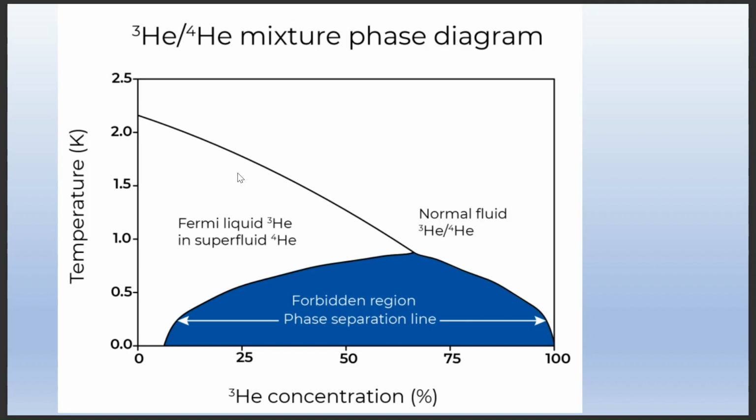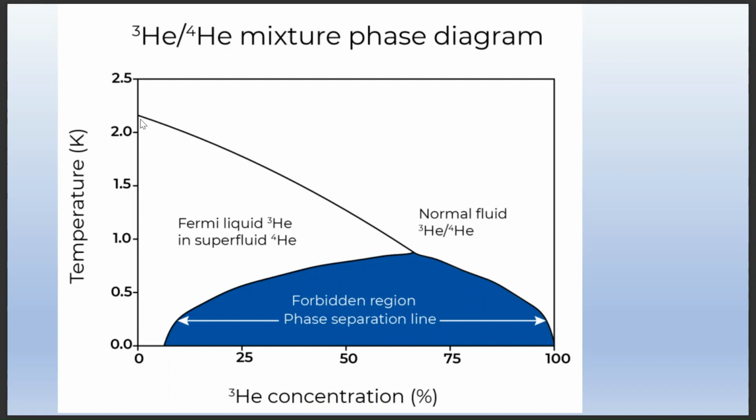As we see in this graph, below a certain temperature, below 1 Kelvin, there is a phase separation. It happens around 800 millikelvin. And at around 2.2 Kelvin, just above 2 Kelvin, helium-4 becomes a superfluid.